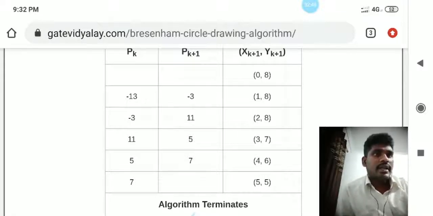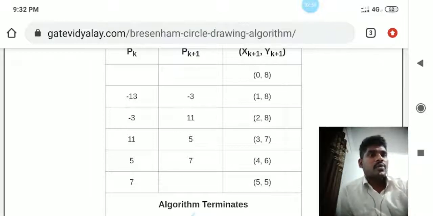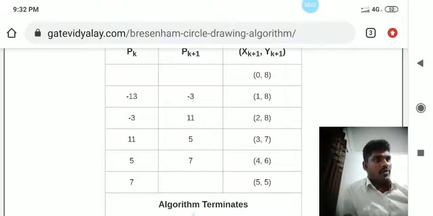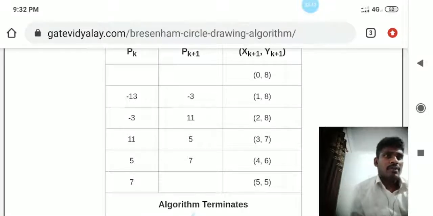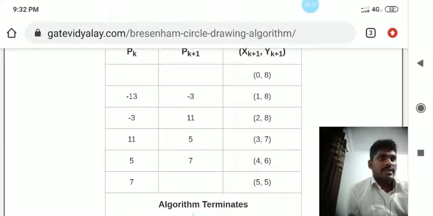So look here: 8, 8, because case 1 up to here: 0, 8, 1, 8, 2, 8. Case 1 is satisfied, so there is no change in the y value, but the x value increases. That's why x is 0, then 1, then 2. Up to this is case 1.